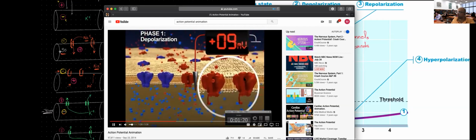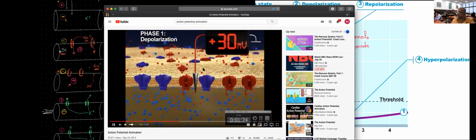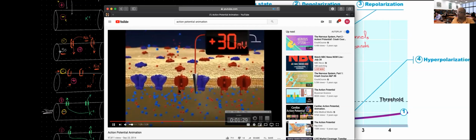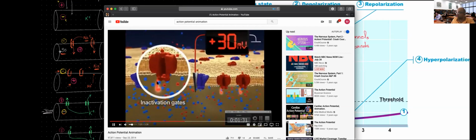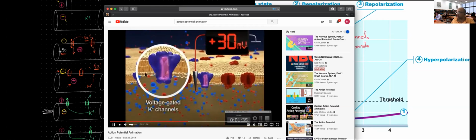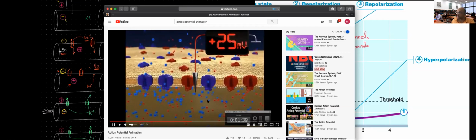More voltage gated sodium channels are going to be opening, allowing more sodium to travel inside the cell until I reach 30 millivolts. At this point, I will be using the inactivation gate of the sodium channel to close the sodium, and at the same time, I will open the potassium channels.